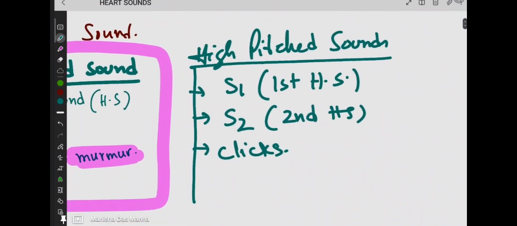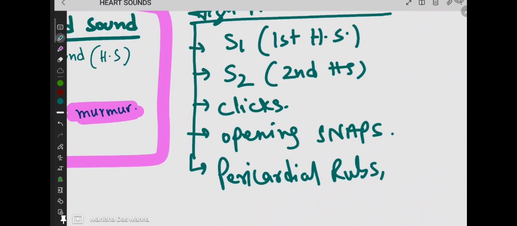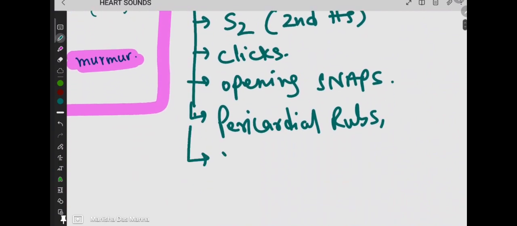I'll discuss the click a little later. Then opening snaps, then pericardial rubs, and pericardial knocks.